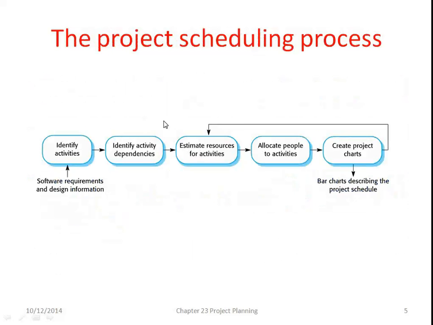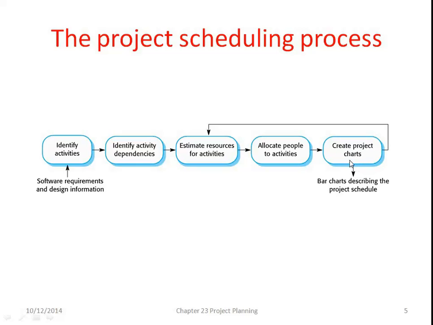In the given diagram, it shows the project scheduling process. The software requirements and design information are used as input to identify the activities, identify the activity dependencies, estimate the resources for these activities, allocate the people to activities for completing that work, and create project charts.